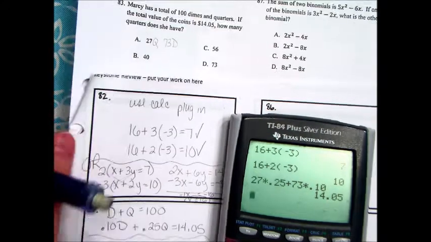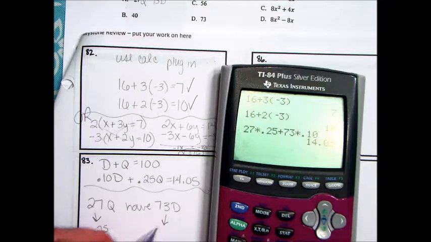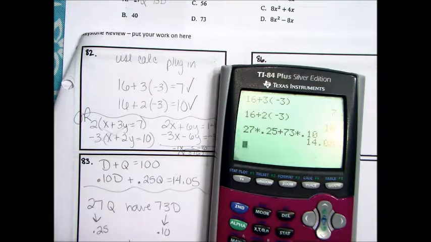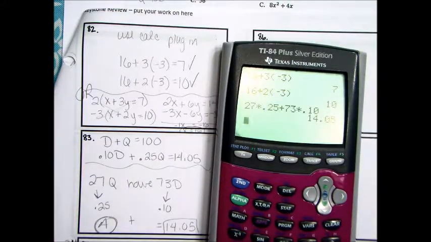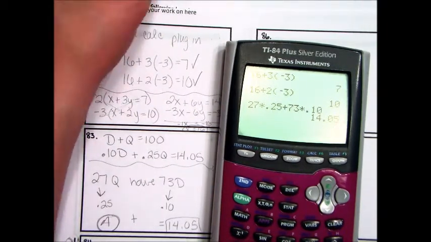So if I do 27 times 0.25 and I do 73 times 0.10 and add that together, I end up getting that 1405. So I know A has to be my answer. Now you could solve this using elimination, but I think that actually works out well for us.